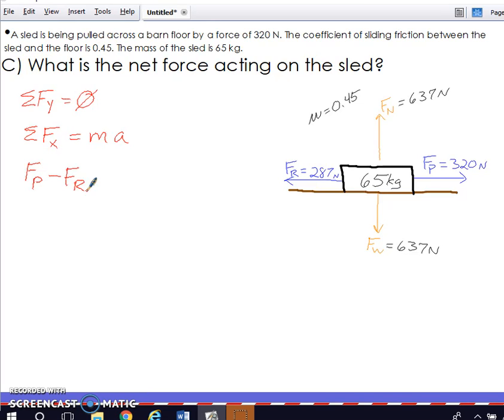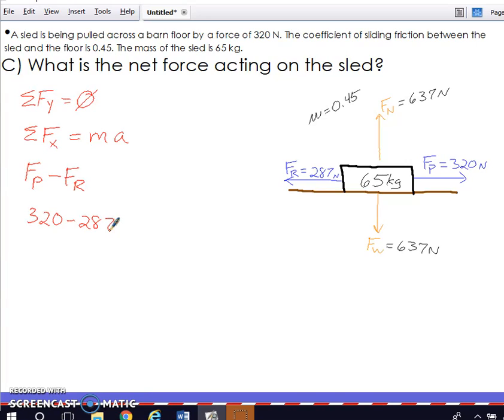They only want net force. Well, by taking the difference of these two, that's the net force. Just like the exercises we did the other day, where you have 3 or 4 arrows going in and out of a box, and you just find the net force. That's all we're doing here. So we take 320, subtract 287.